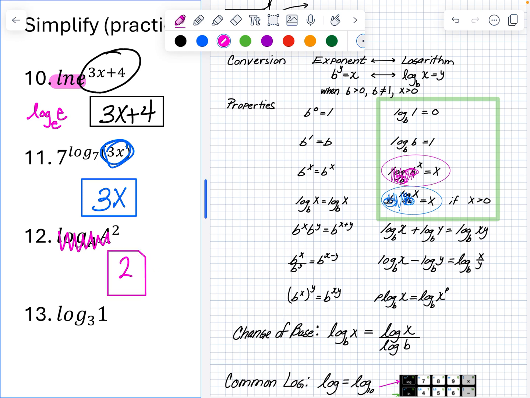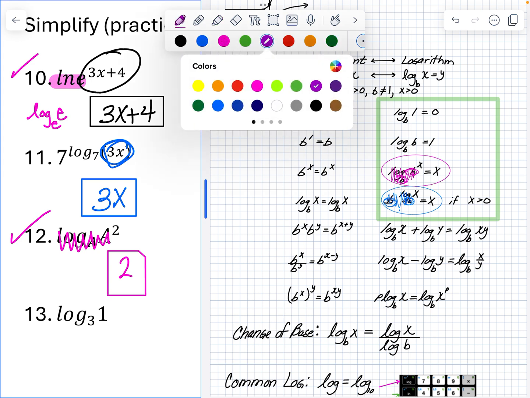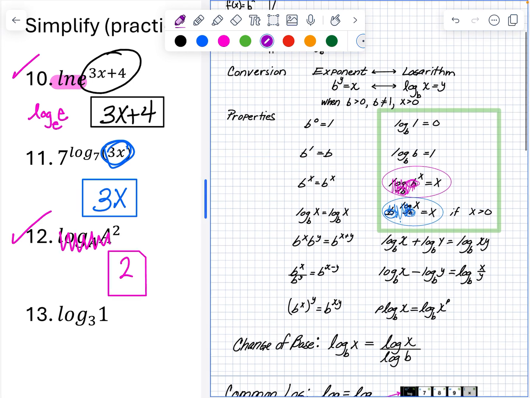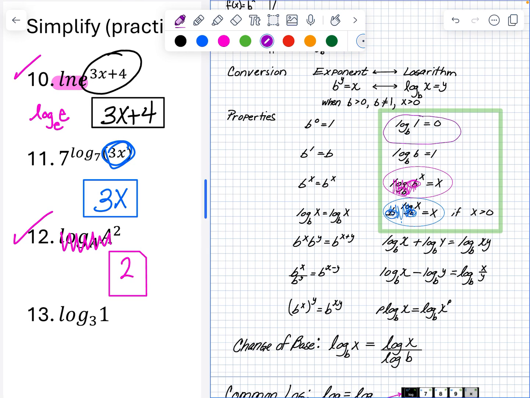That's the same as question 10 and question 12 are the same type of question. One's a natural log and one's not. Not a big deal. And then the last one, you'll notice, interestingly enough, says the argument is 1. That's this one right here. That's that rule.